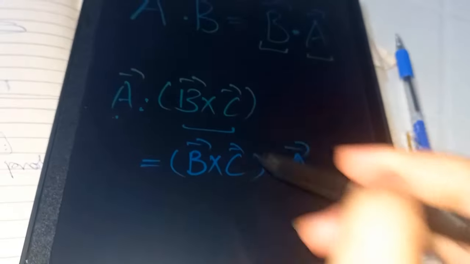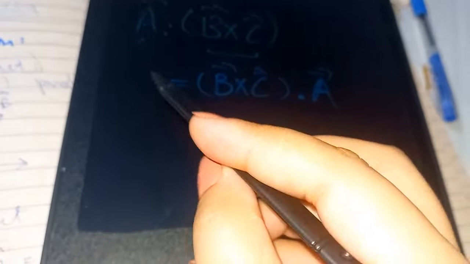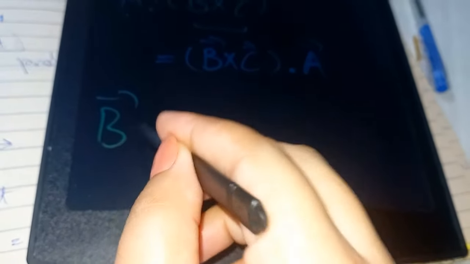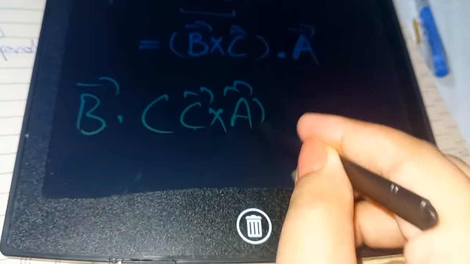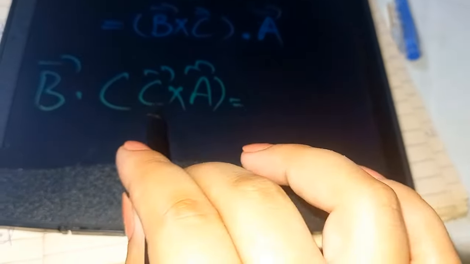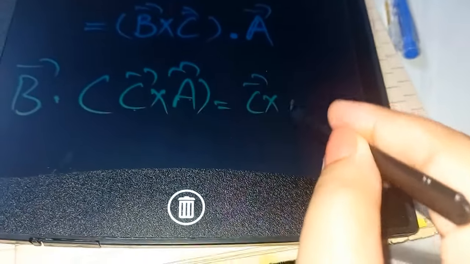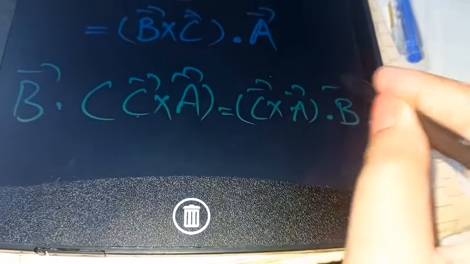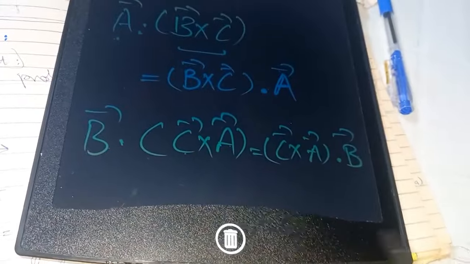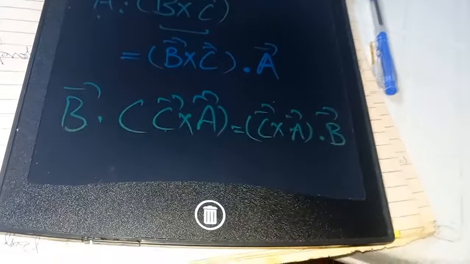Okay, so they both are equal to each other. Similarly, if I had this form b dot c cross a, then I can write it as c cross a first, since it's one of the vectors, then dot b. We can change the order of the product.